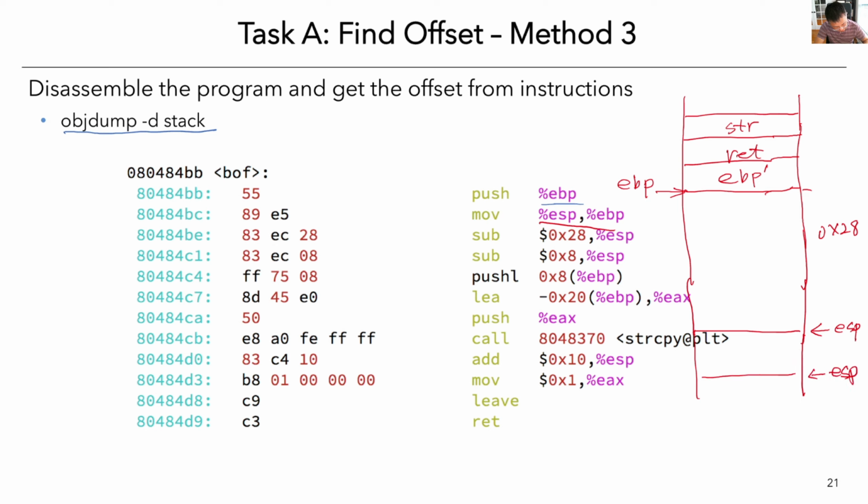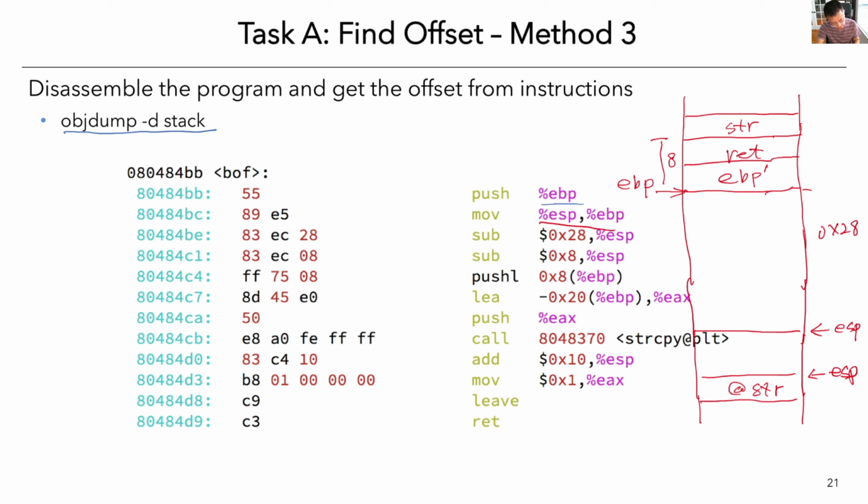Then we push EBP plus 8. If we look at EBP here, EBP plus 8 will be the address of the string. So it's actually going to read from EBP plus 8. It's going to copy the content here, the string address, to here.